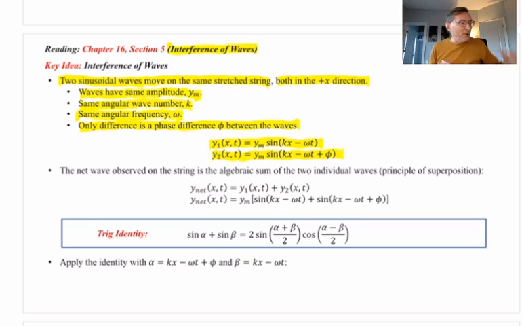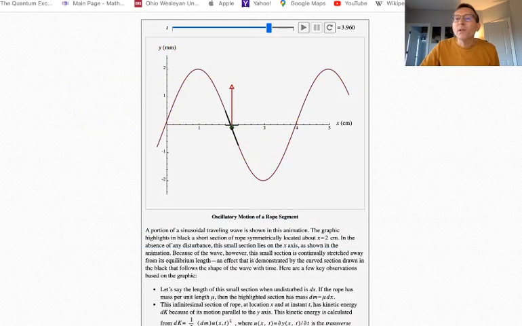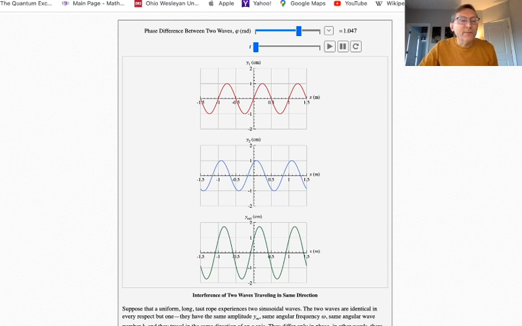So let me now show you with a Wiley Plus animation plots of those two wave functions. I'm going to plot them on separate graphs. But remember, they're both going to be existing on the same string at the same time. So let me go to Wiley Plus, but now let me change to a different animation. Now you're seeing three graphs, but for now, I want you to just focus on the top two.